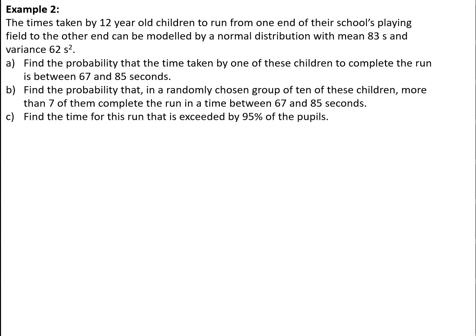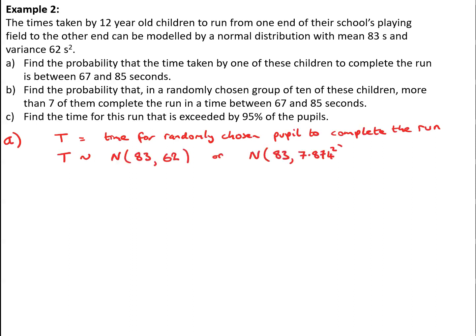Now that's a nice straightforward probability calculation. So if t is the time for a randomly chosen pupil to complete the run, then we can say that t is normally distributed with mean 83 and variance 62. In other words, the standard deviation is the square root of 62 or 7.874.